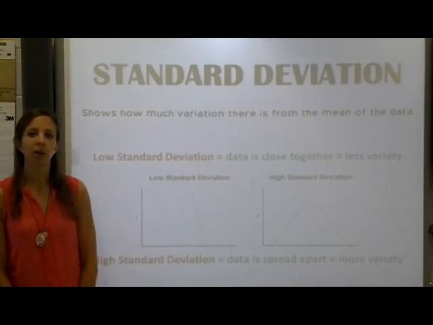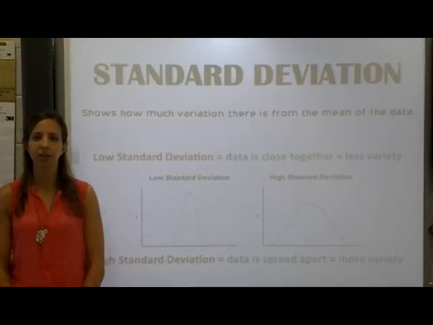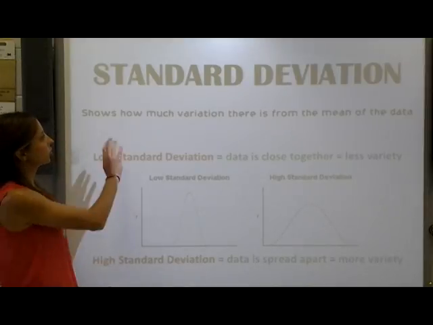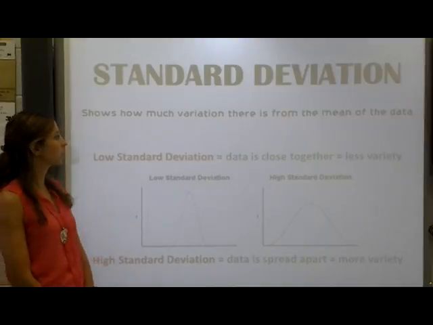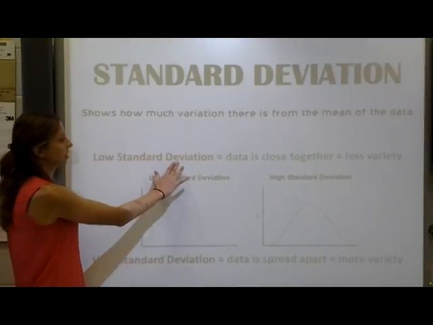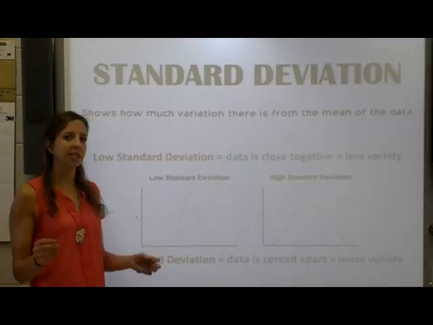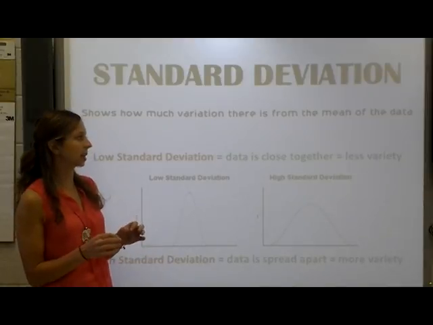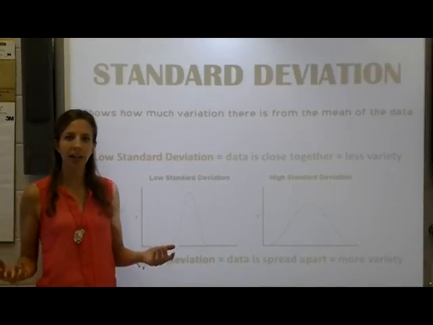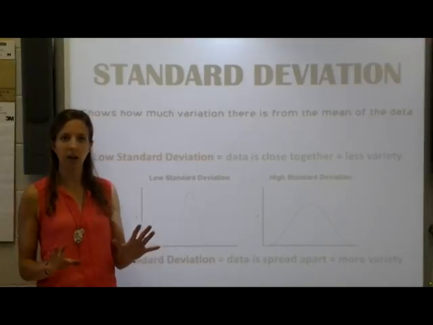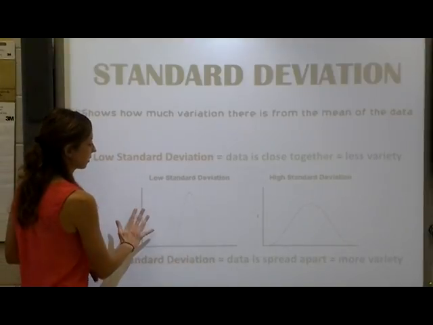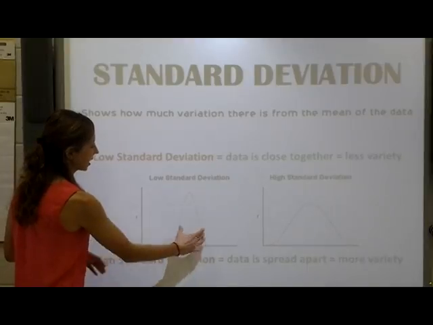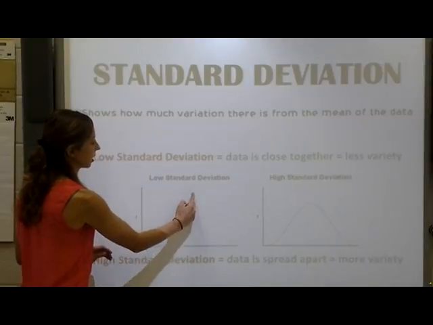The next piece I want to talk to you about is called standard deviation. This shows how much variation there is from the mean of the data. So a low standard deviation means that our data values are close together and there's less variety in the collected values. So if you look at this bell curve right here, you will see that it's pinched nice and close together.